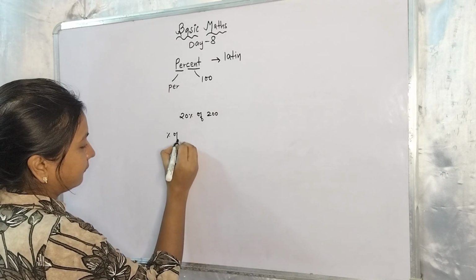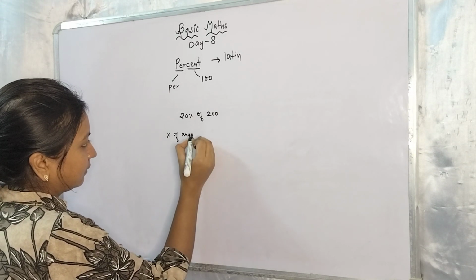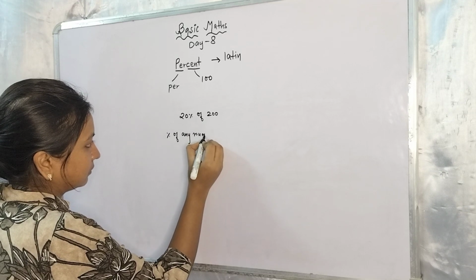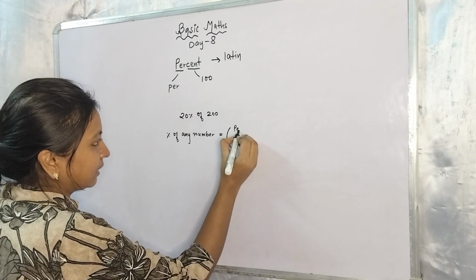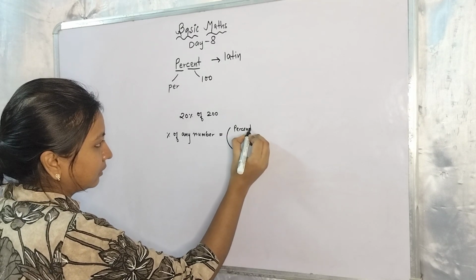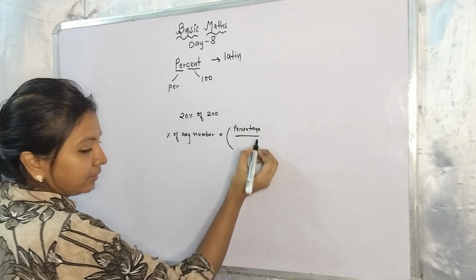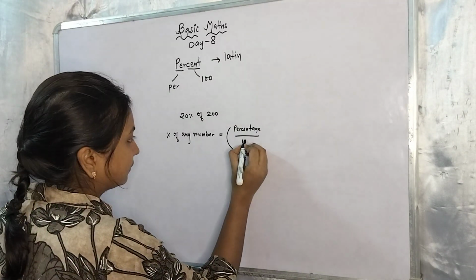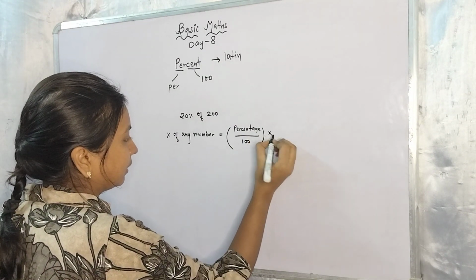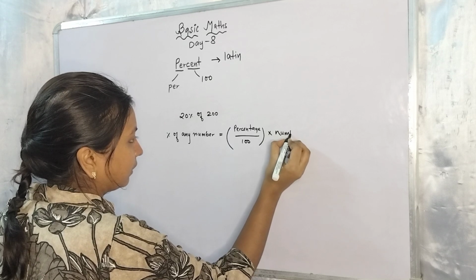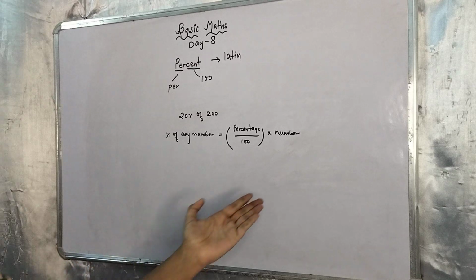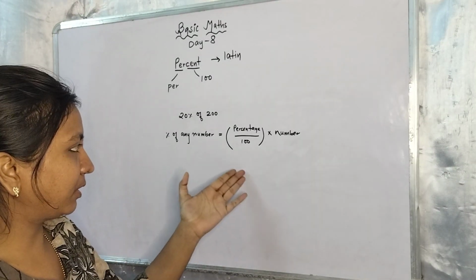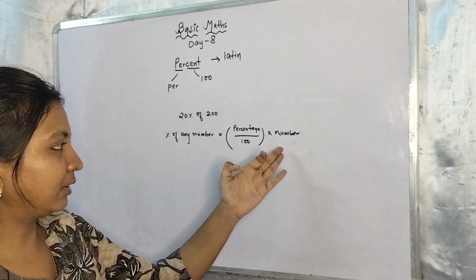Percentage of any number will be equal to percentage divided by 100 into the given number which is provided, the number which you need to convert. So percentage of any number is percentage divided by 100 into number.